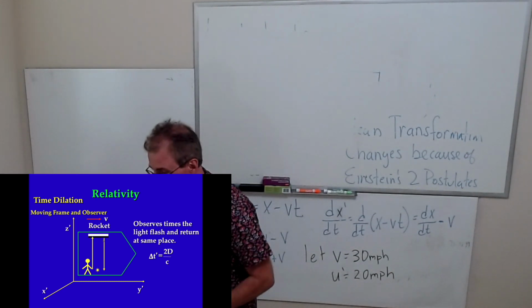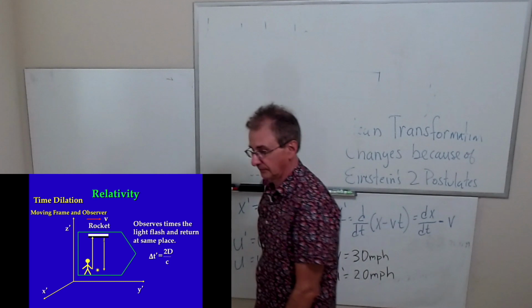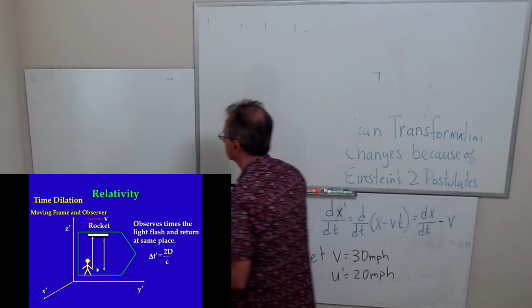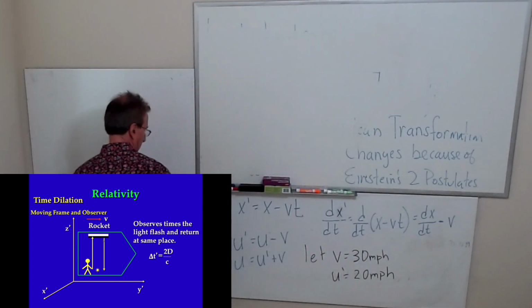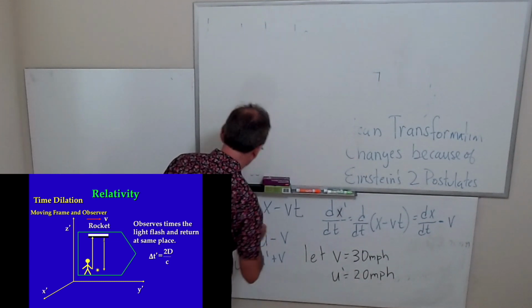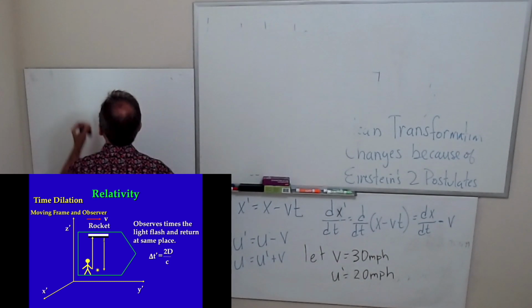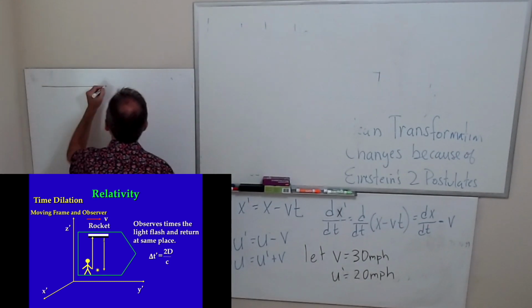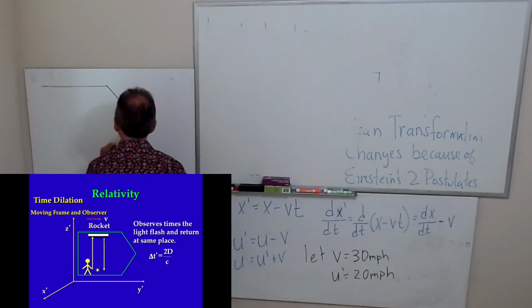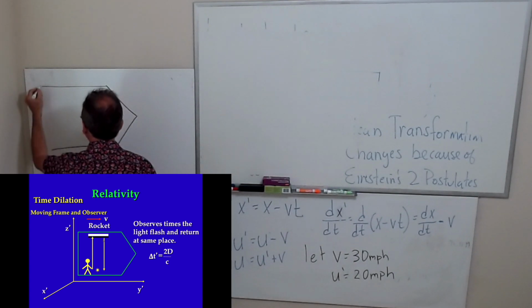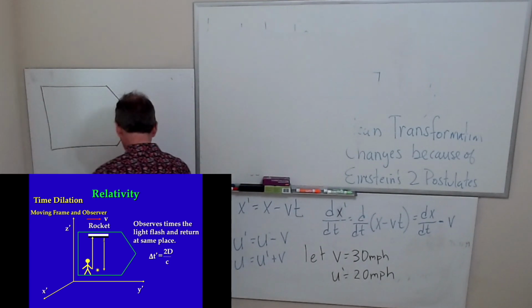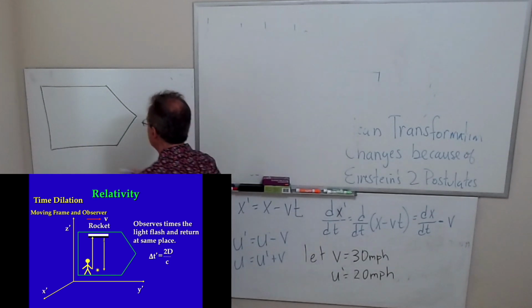Suppose we have a person in a rocket. Okay? So let me draw my rocket. I'm going to use black color. And there's a mirror.